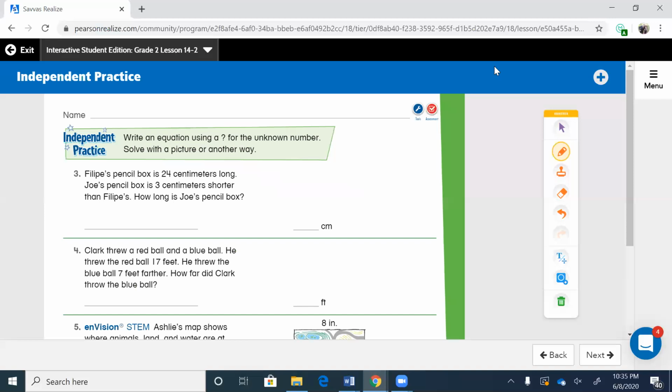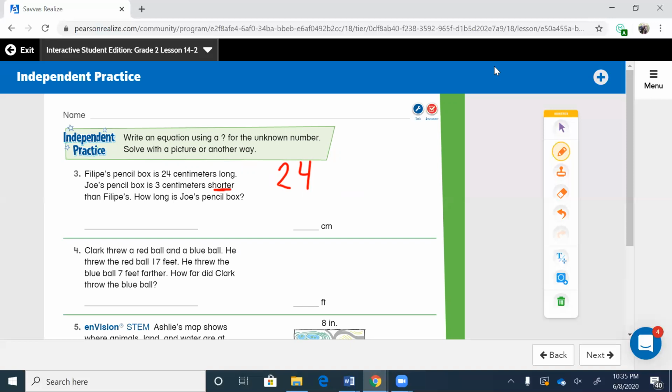Okay, so once again, we have to figure out what we have to do. We know Felipe's pencil box is 24 centimeters long. Now we have to figure out, are we adding or subtracting? We want to find out how long Joe's pencil box is. Let's read the sentence. Joe's pencil box is 3 centimeters shorter than Felipe's.